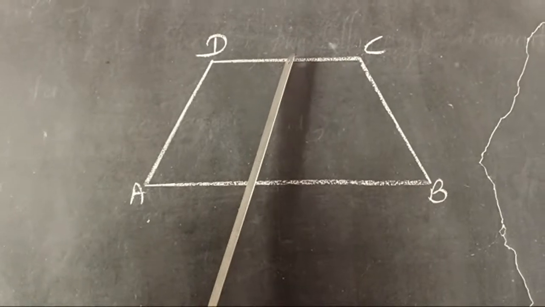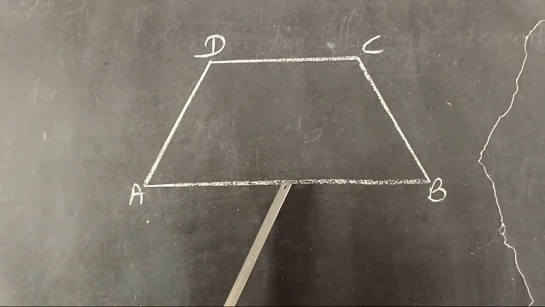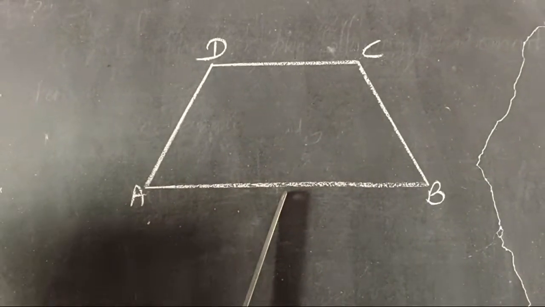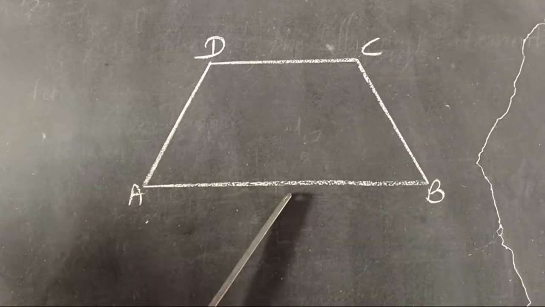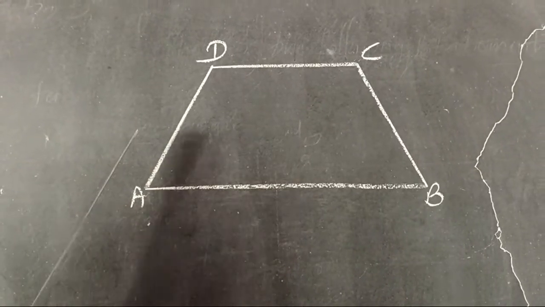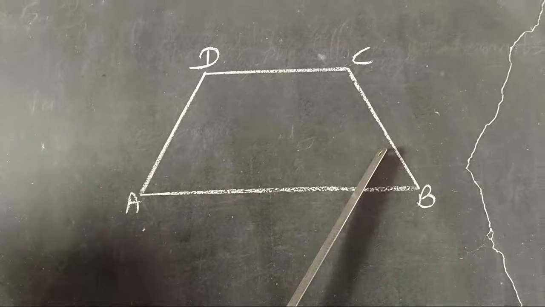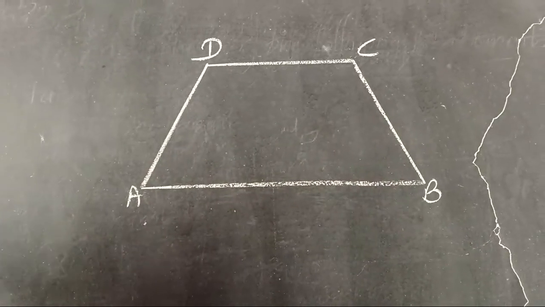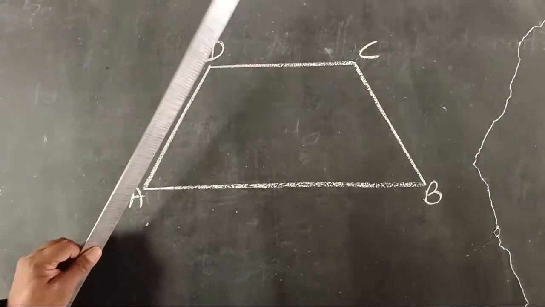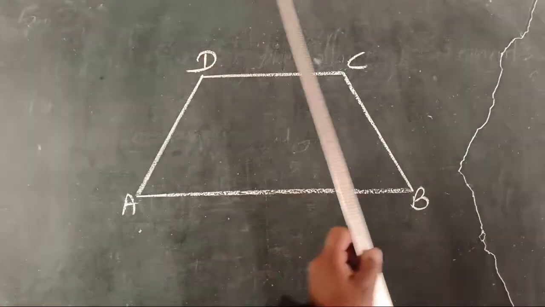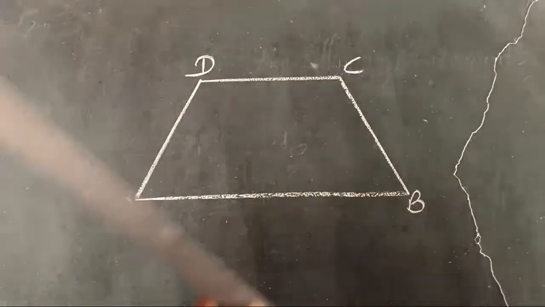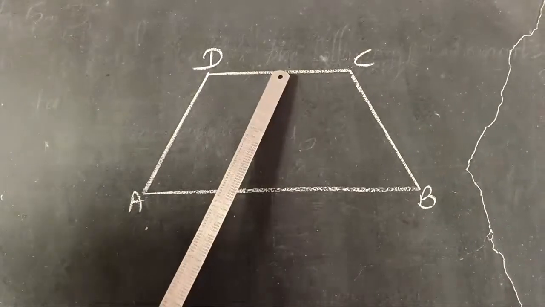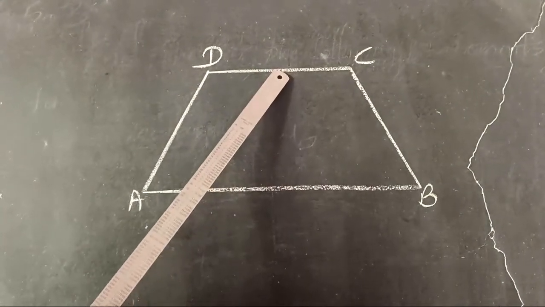Segment DC and segment AB are parallel sides. The other pair is not parallel, meaning the non-parallel pair. AD and BC are non-parallel sides, and AB and DC are parallel sides.